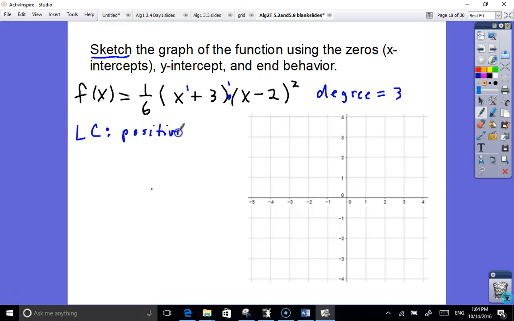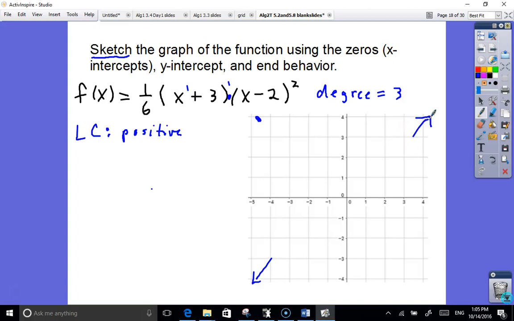So what does that tell us about the end behavior if it's odd degree with a positive leading coefficient? It starts on the bottom, right? So it's doing this kind of thing on the left side of the graph, and this kind of thing on the right side of the graph. We just kind of have to know that.